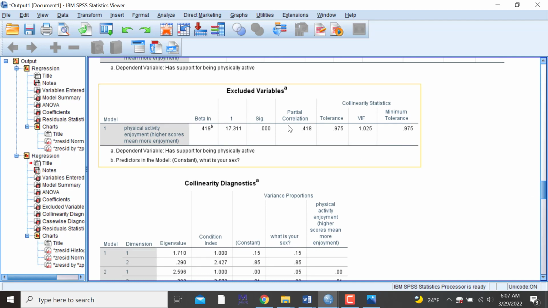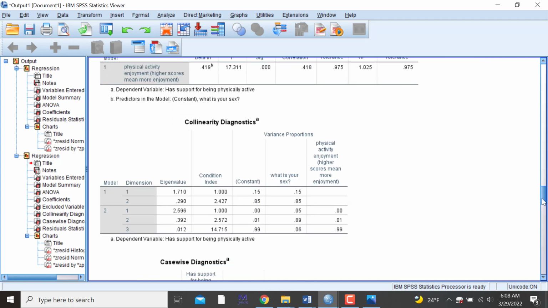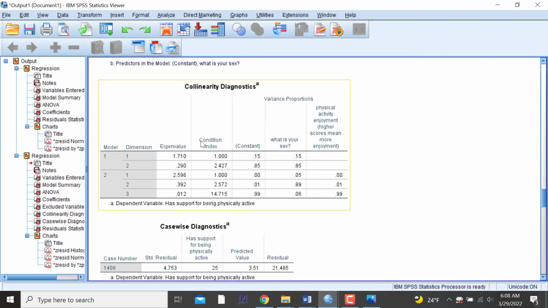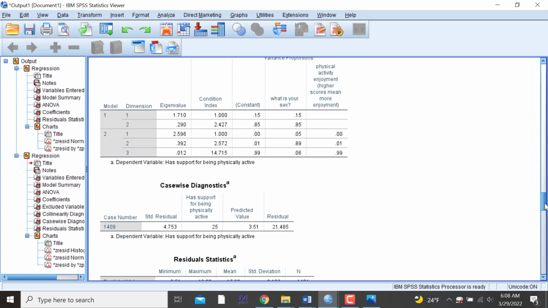It always gives you this excluded variables table, like in Model 1 it doesn't include physical activity enjoyment, so what would happen if we added it in? It's not that important for us here. Let's look at the collinearity stuff. This you can kind of ignore because it is a little bit beyond the scope of this course, but you can do a diagnostic for each of these variables.